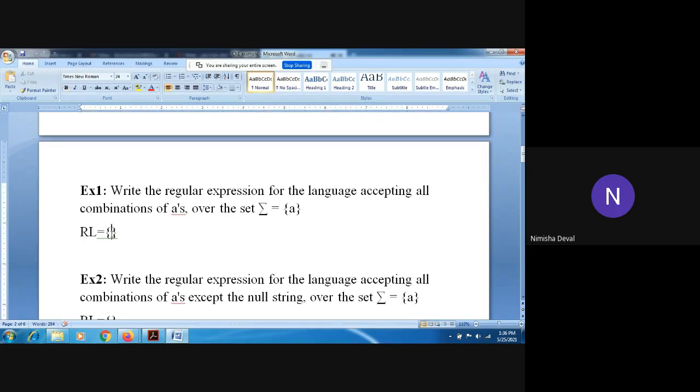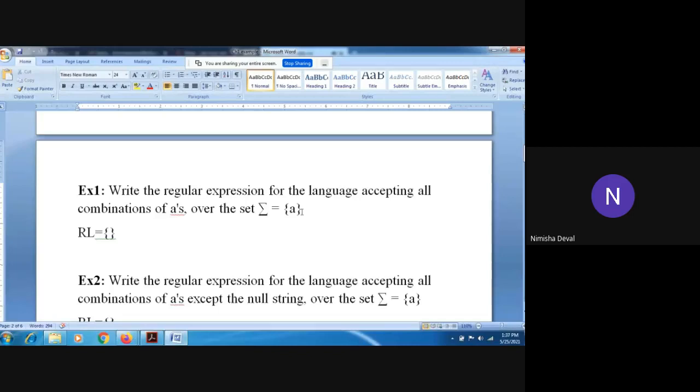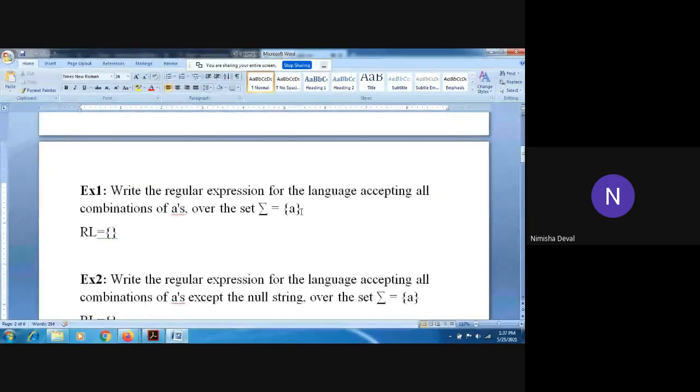What is our first example? Write the regular expression for the regular language accepting all combinations of A's over the input alphabet set {a}. What are the inputs for our expression? Single a. The combinations are designed with the help of a.